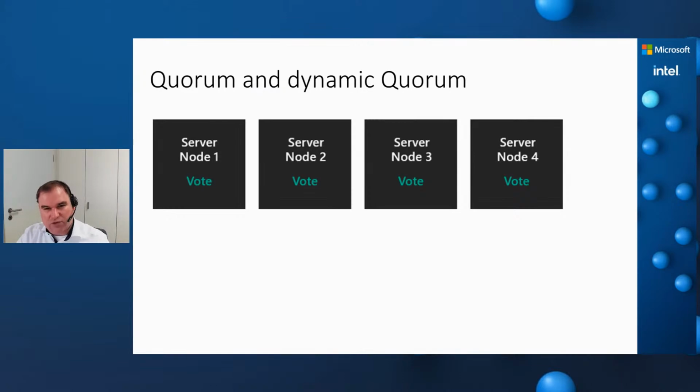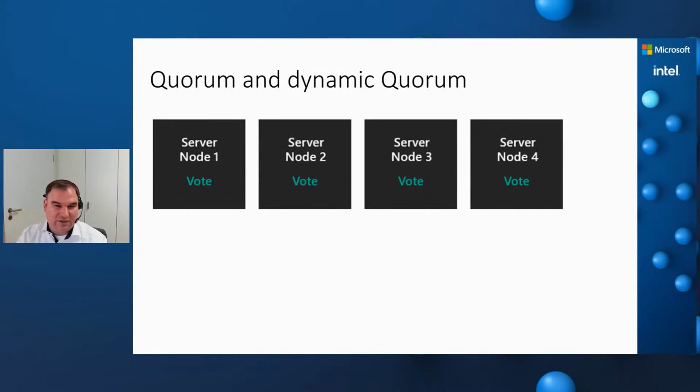The cluster cannot take this for granted because there can be unexpected failures. The cluster will check if the majority of votes is online. The majority of the votes is the quorum. The quorum is the majority of the votes in a cluster.